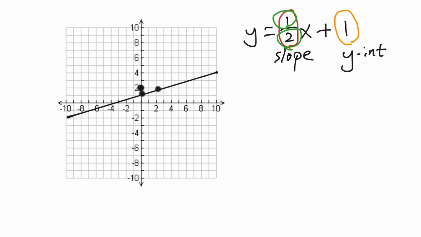So the two dots that we have come up with were this one and this one. And when we connect the two together, we get this. So that's how you would graph a line.